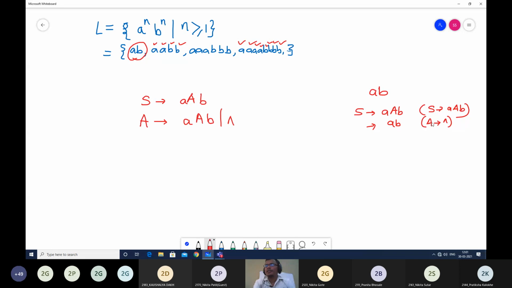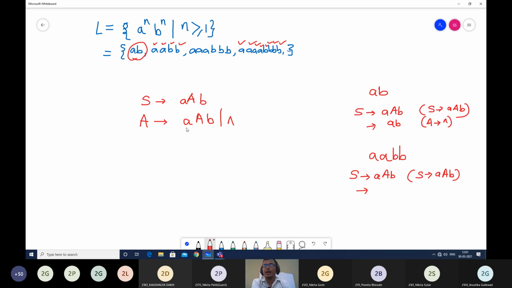Are you getting this? Suppose I ask you to process a string like aabb. See how this will be processed now, my dear students. First, I'll apply S gives aAb. Correct? The production rule used is S gives aAb. Then next I want one more a, because my string has two a's and two b's.